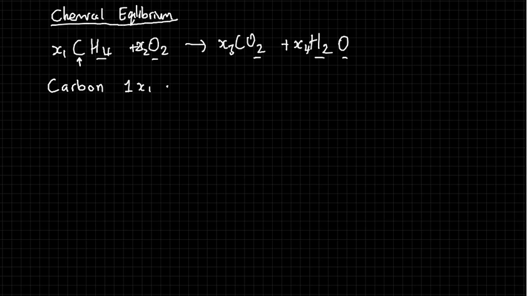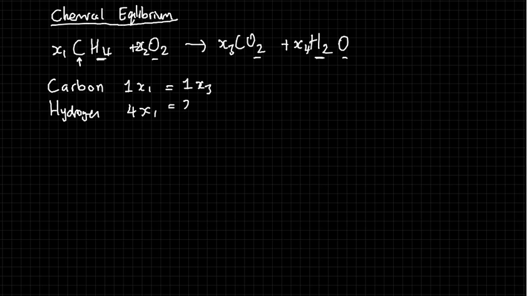So we've got 1 carbon here for the x1 variable, so we can write 1 x1, and on the right hand side here we've got 1 in the x3 position, so that's going to equal 1 times x3.